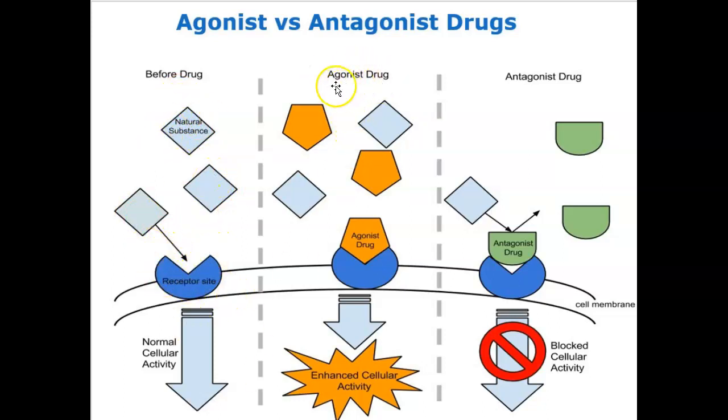Now I've given an agonist medication, and it is competing for the site on that receptor. So now this thing over here is not getting to take all those receptor sites. Or I'm blocking this from being able to fit here because I've sent in something that's just going to block the activity.